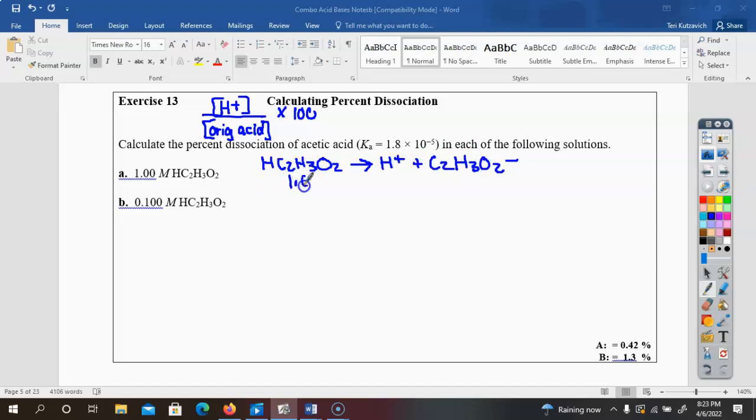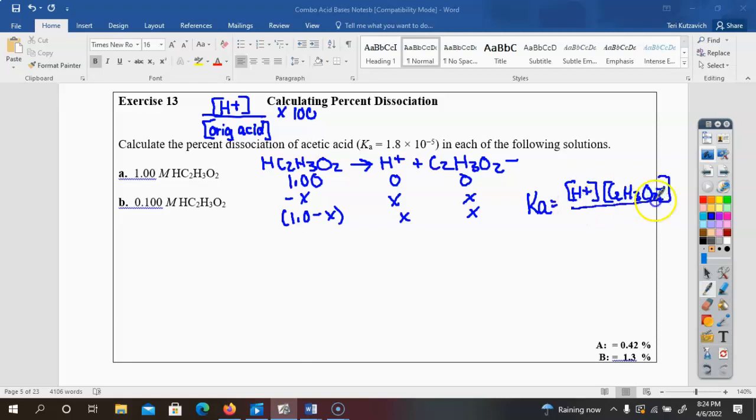We know this is 1, this is 0, minus x, x, and x, 1 minus x, x, and x. Set up your Ka values. So it's H plus times C2H3O2 negative divided by HC2H3O2.